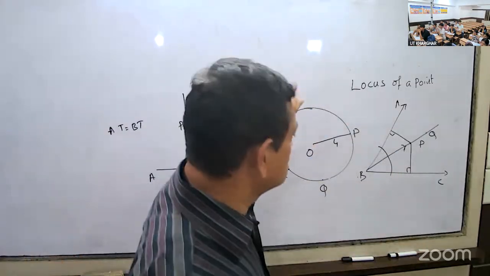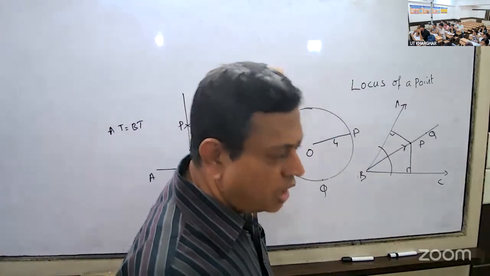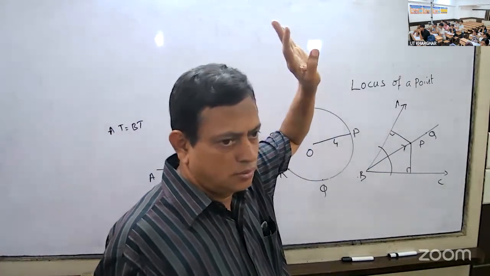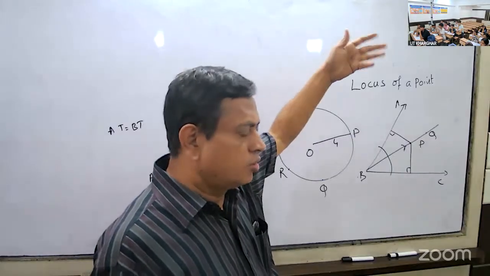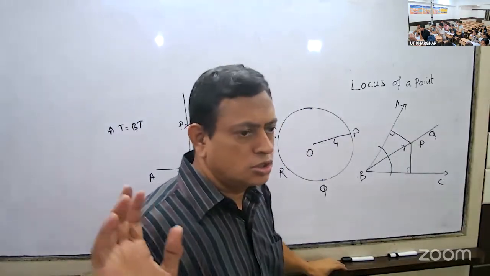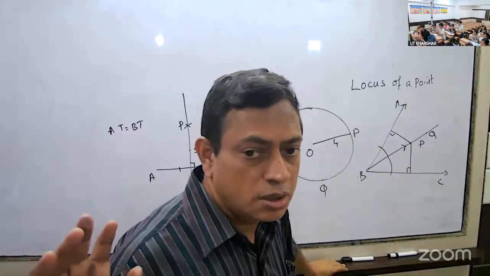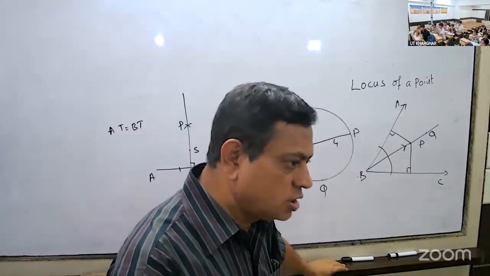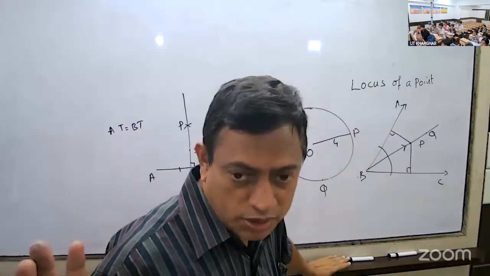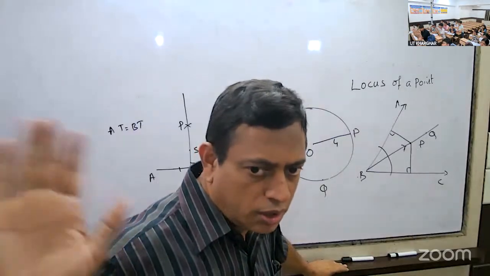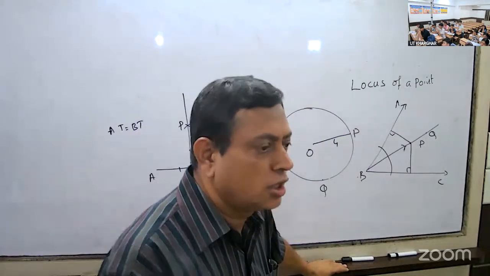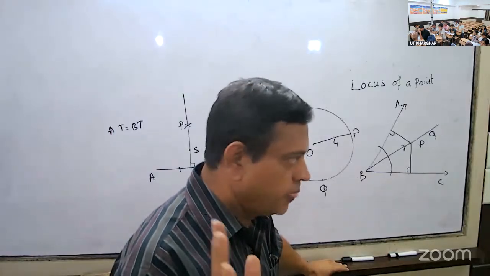You draw a circle with center A and radius equal to 7. Are you followed or not? Or obtain the locus of points at a distance of 3 cm from B. With B as center, draw a circle of radius 3 cm. Is it clear? Arya, are you listening? Okay, that is the condition. That is the first condition.